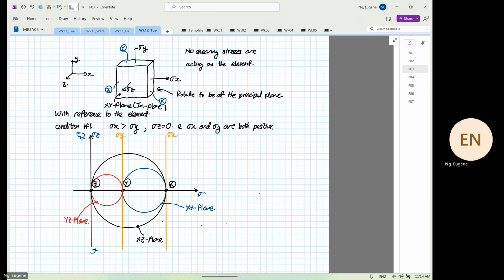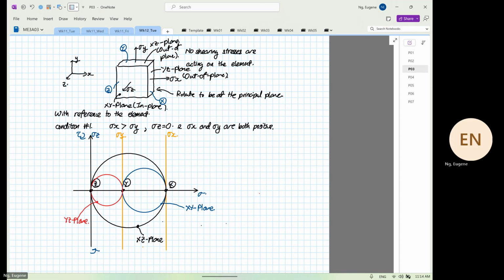The next one over here is our YZ plane, and our YZ plane is our out of plane. And finally, we have our XZ plane, and our XZ plane is out of plane also.